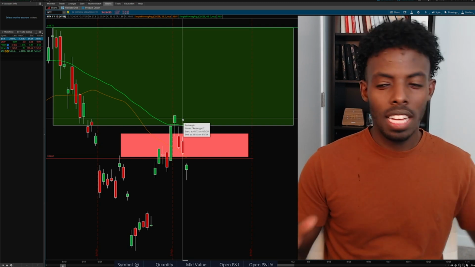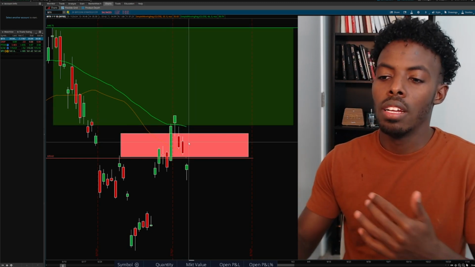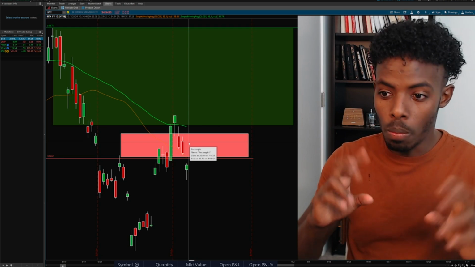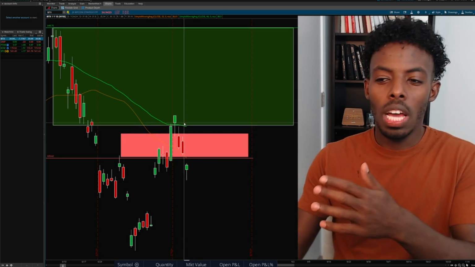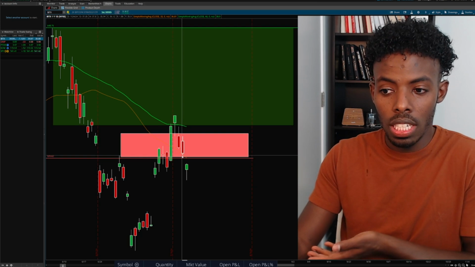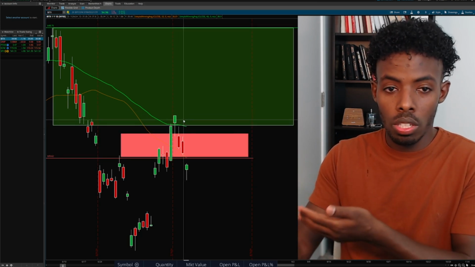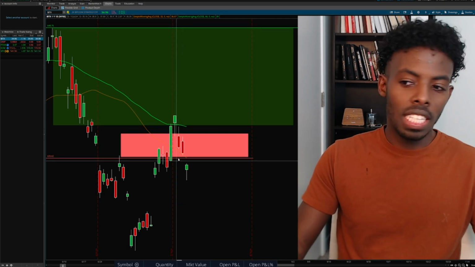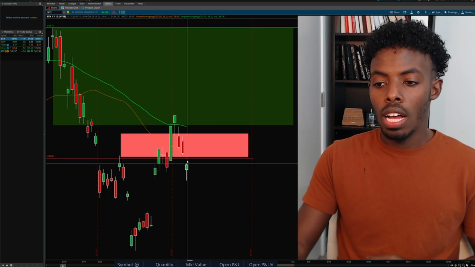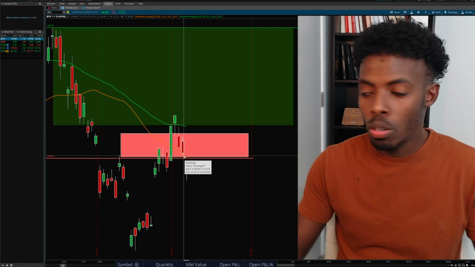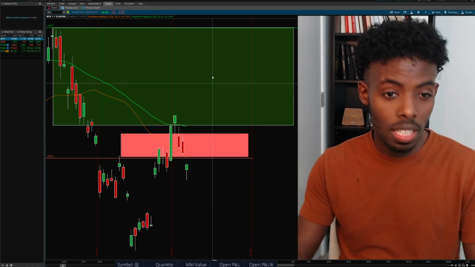I debated that, and I decided not to sell in the hope, right? Don't have a hope. You gotta have a plan. I wanted to see if it's really going to continue going lower, or reject this and go right back up to where it wanted to go originally. And ultimately it didn't. It actually went straight to my stop loss.